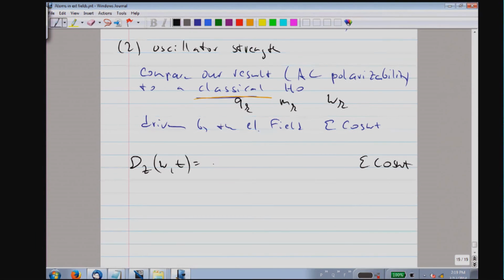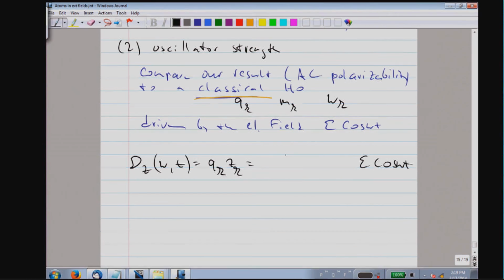And what I mean, of course, is the dipole moment of a classical harmonic oscillator is nothing else than charge times displacement. And well, if you spend 1 minute and solve the equation for the driven harmonic oscillator, you find that the response, the steady state amplitude z of the harmonic oscillator is cosine omega t times a prefactor, which I'm writing down now.